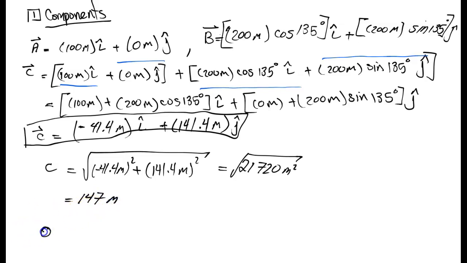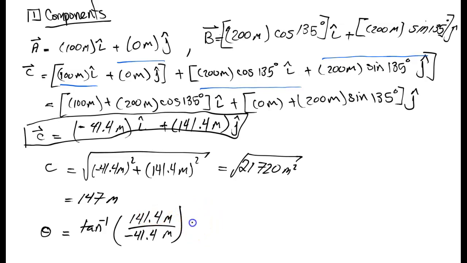And now the angle that this vector C makes is going to be the tangent inverse of the y component, or the vertical component, over the horizontal component. Notice that you have a minus in the x direction and a positive in the y, so you know that's going to be in your second quadrant, right?